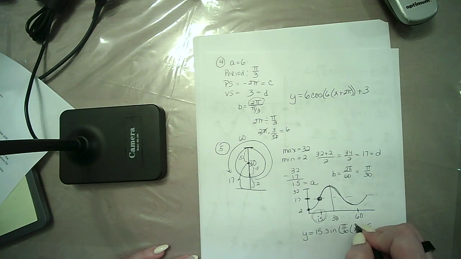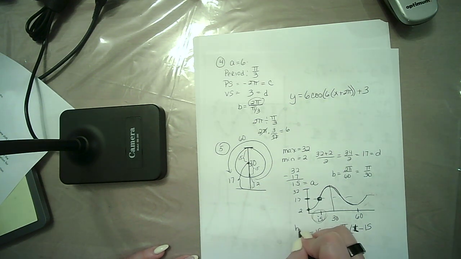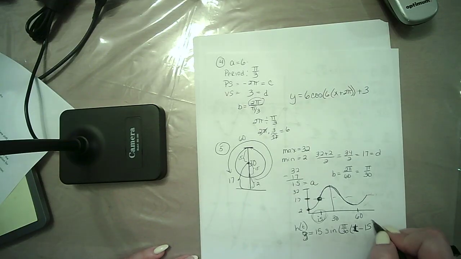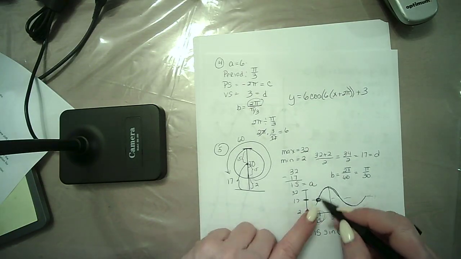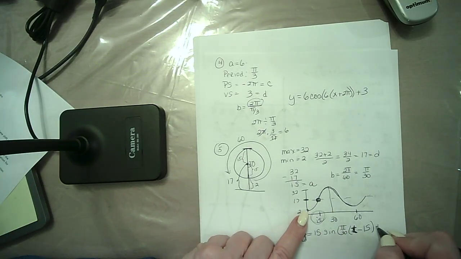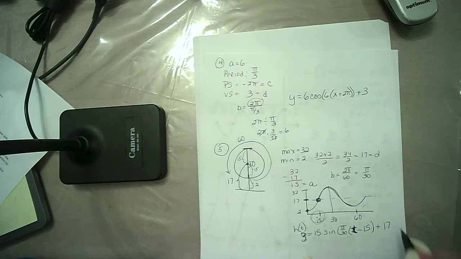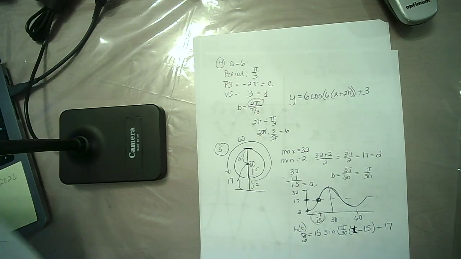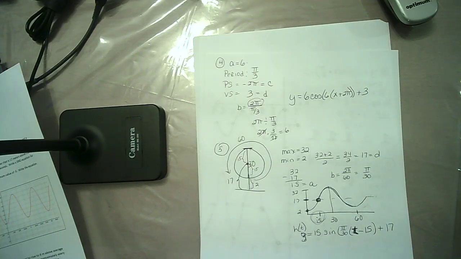This should really be a t because it's of time, and this should be h of t. All right, but I moved it over to 15. That was my shift, and then I moved it up 17. So now I just made that normal cosine graph into a sine graph because they specifically asked for a sine graph.